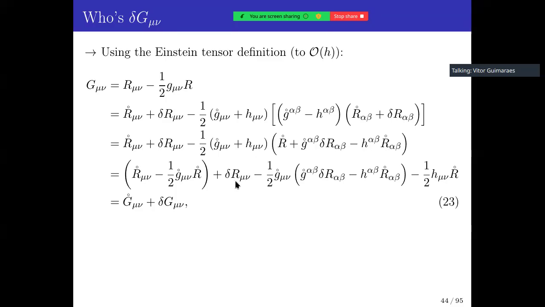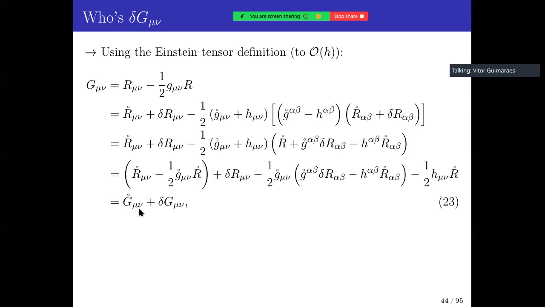And what we are left with, if we separate correctly, is this. Note that we separated the terms in zero order in h after all these distributions. This is zero order in h and zero order in h, so they are not perturbative terms. We can identify this couple of terms here as the original Einstein tensor, pre-perturbation.